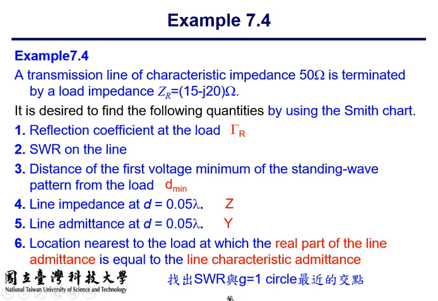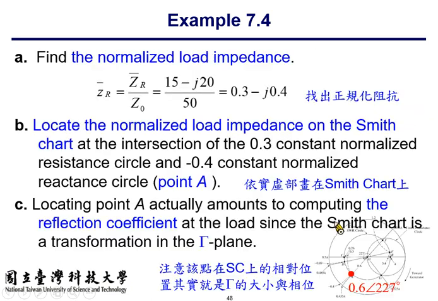OK, so go back to the problem. In the sixth part, item 6, you are asked to find the position of the intersection with the unit admittance, the unit conductance circle.